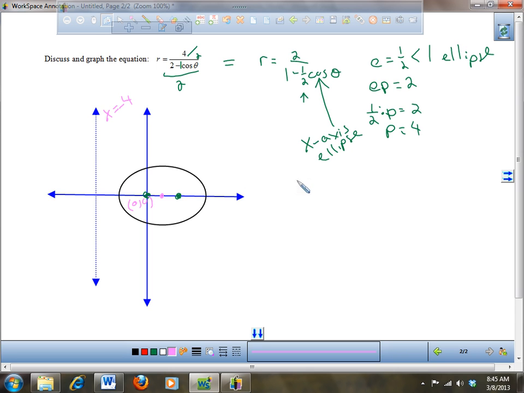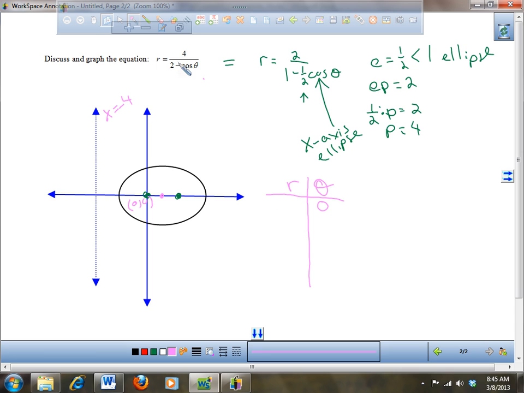So the next thing I'm going to do is plot some points. The way I plot those points is by making a little table, and you're going to do this in r, theta form, okay? When you do that, you plug these points into this equation just because it's easy. You could plug into this equation too, but it's easier to plug into this one. The easiest one to plug in is 0.